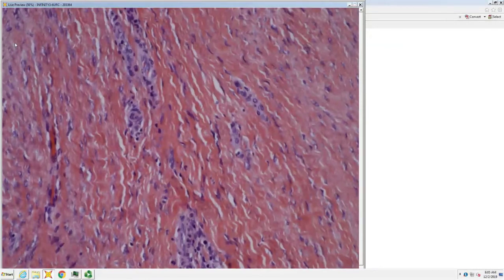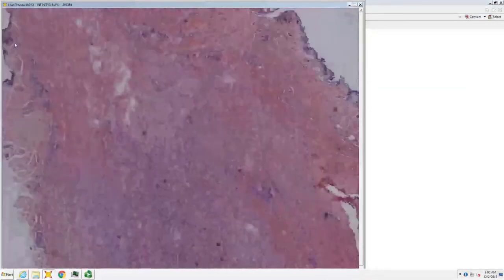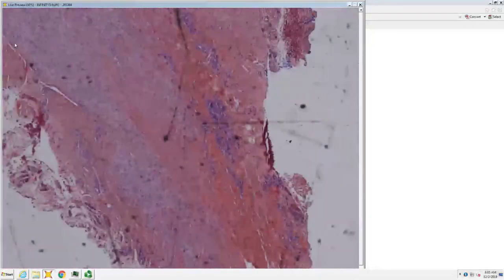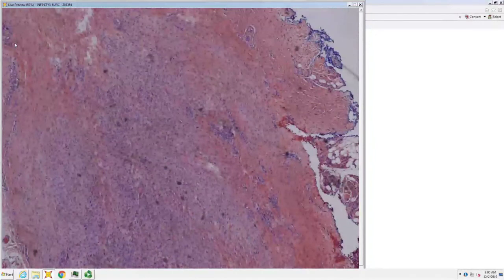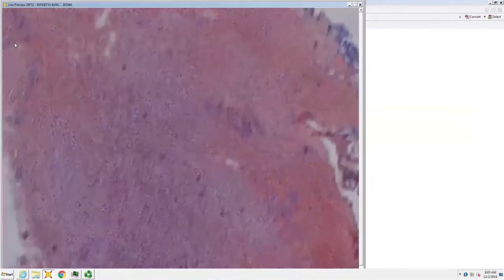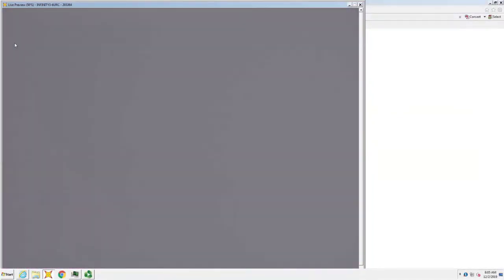Some kind of fibromatosis. Yeah, fibromatosis. So depending on its location: Dupuytren's contracture, Ledderhose fibromatosis on a palm or sole, Peyronie's disease, all fibromatosis. Very good.